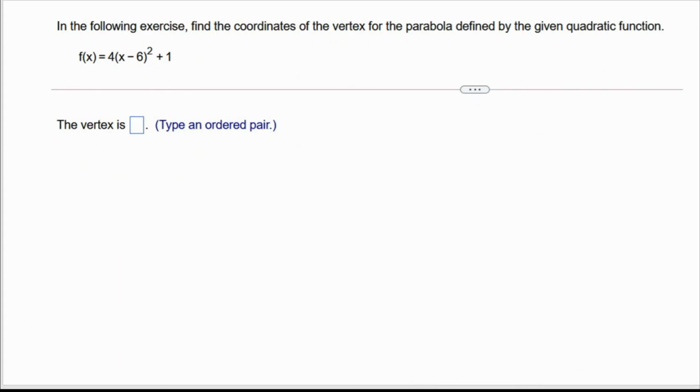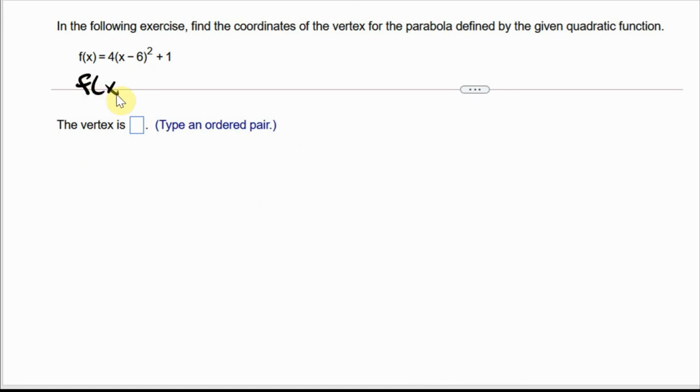All right. So let's see what this is all about. Find the coordinate of the vertex. Well, it's already in the form.